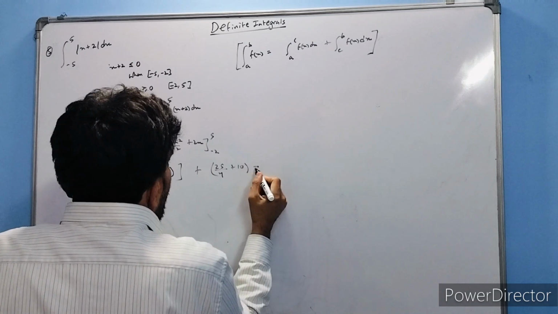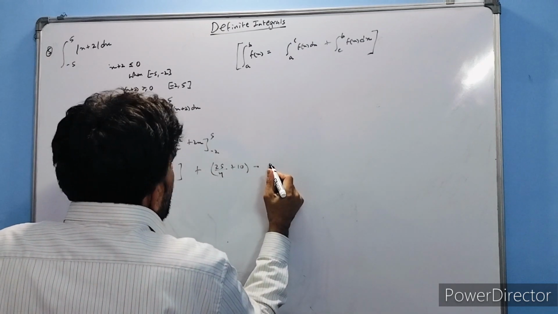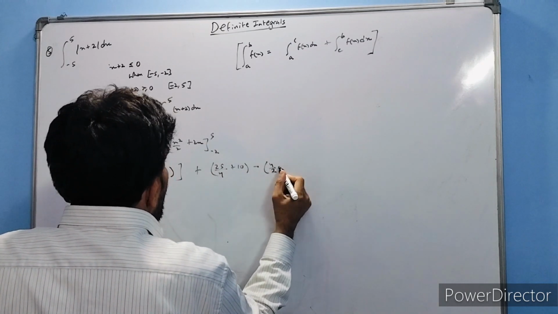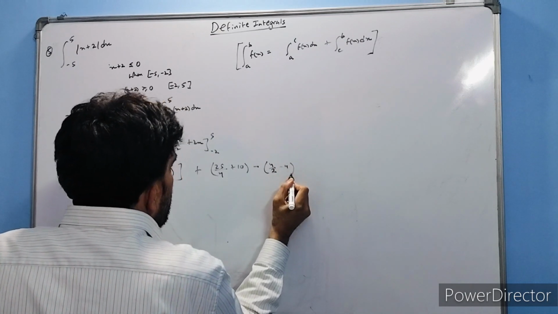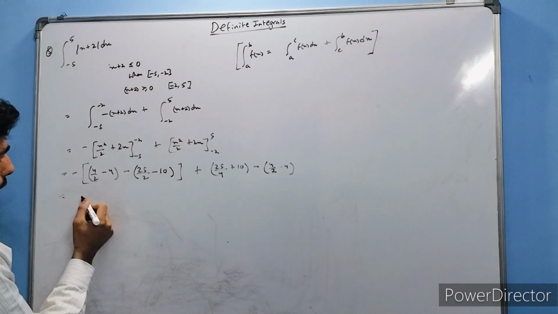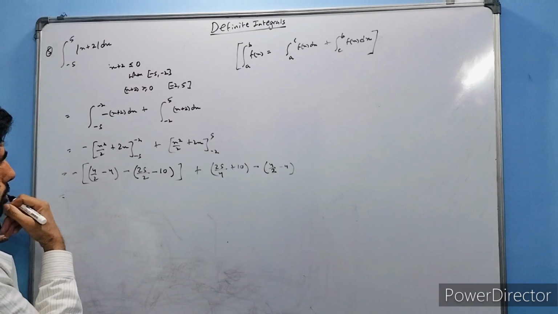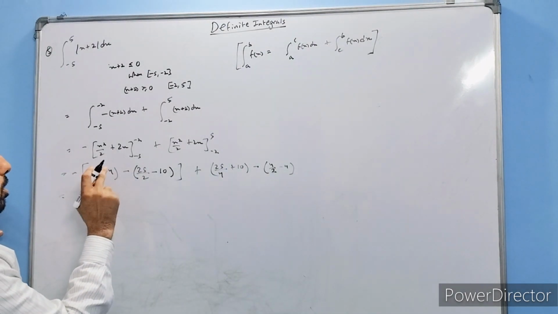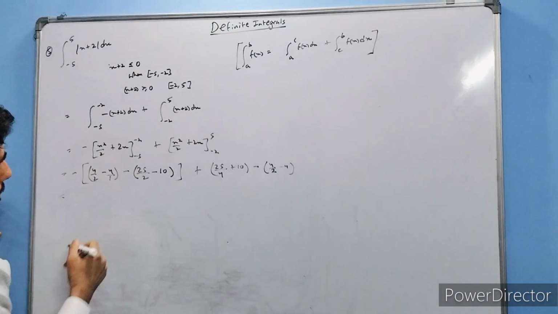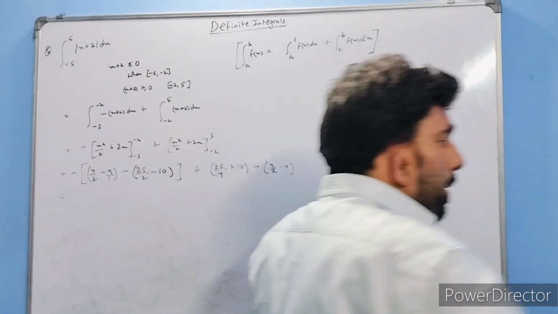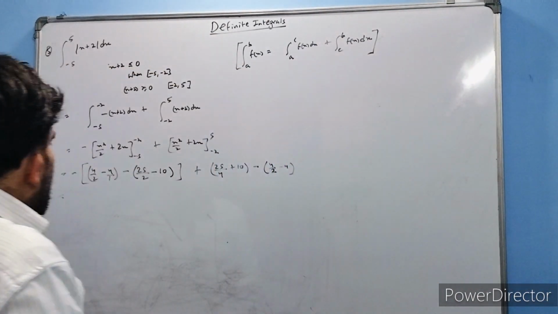Then we apply minus, 4 upon 2 we have, so we will have negative 4. That is how you can solve this. Now I will take the LCM first.